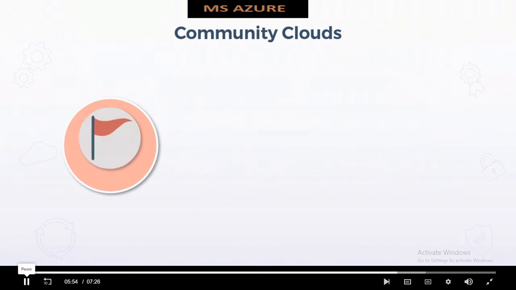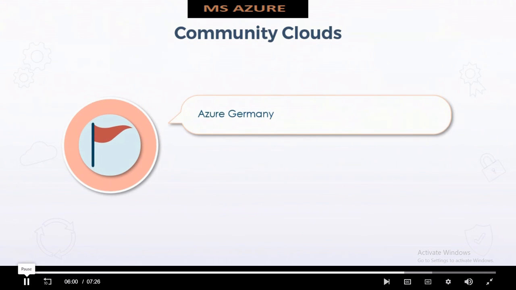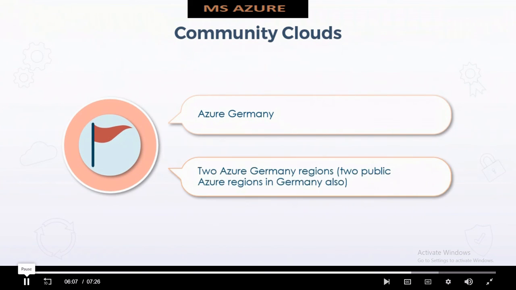Now, there are other variations in Microsoft Azure besides just the Azure US Government Cloud. There's also Azure Germany. Now, this is a sovereign type of cloud and really consists, in this case, of only 2 regions for Azure Germany. However, Germany has an additional 2 regions that are used for public use in Microsoft Azure.